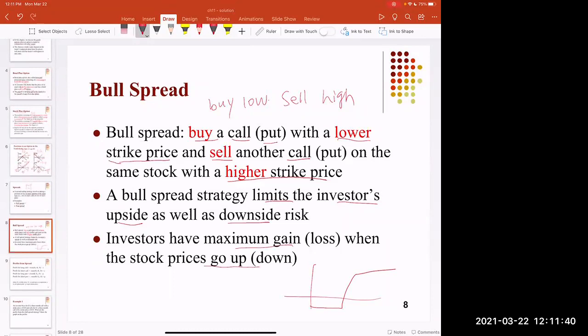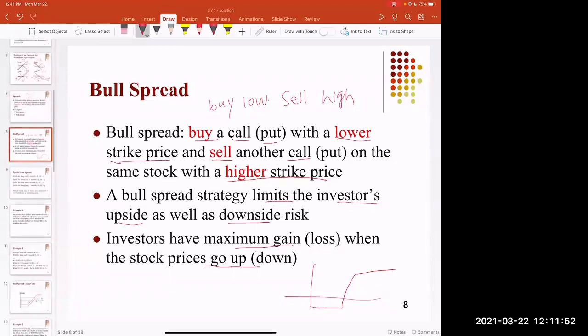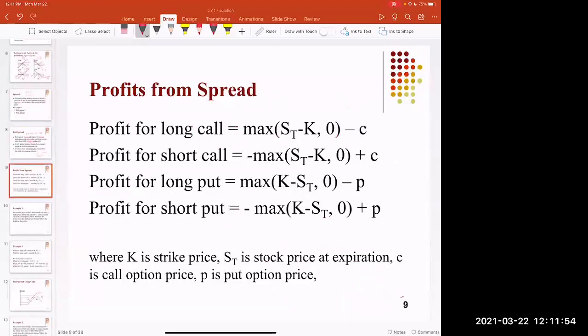We're going to have examples, and through the examples you'll be able to figure out the profits for different cases and draw the profit pattern. Before we talk about examples, here is a review of what we learned before.